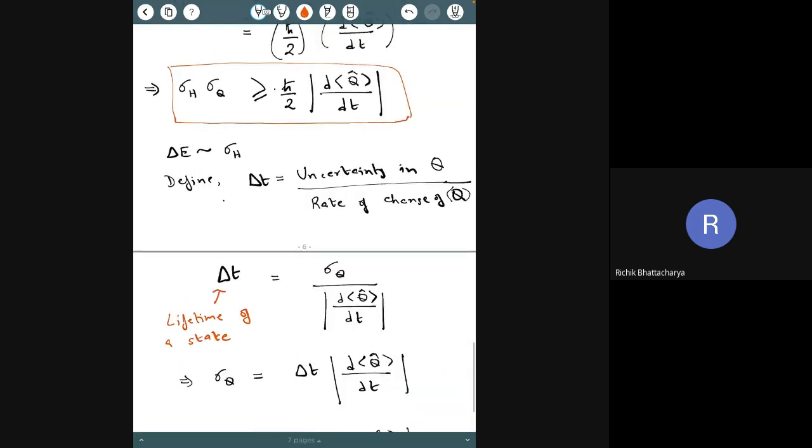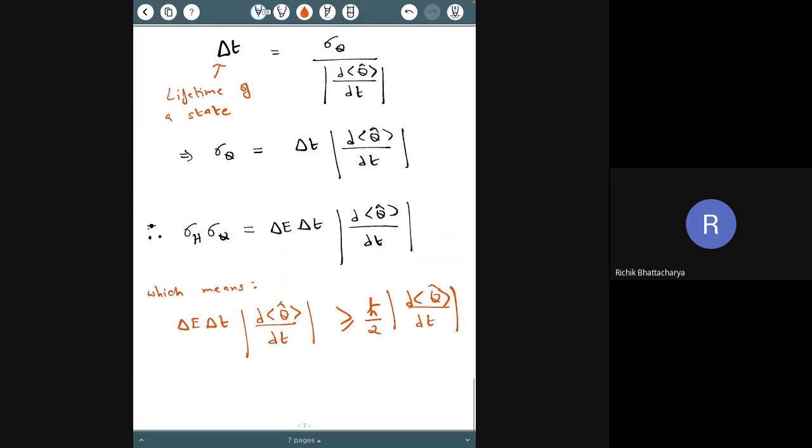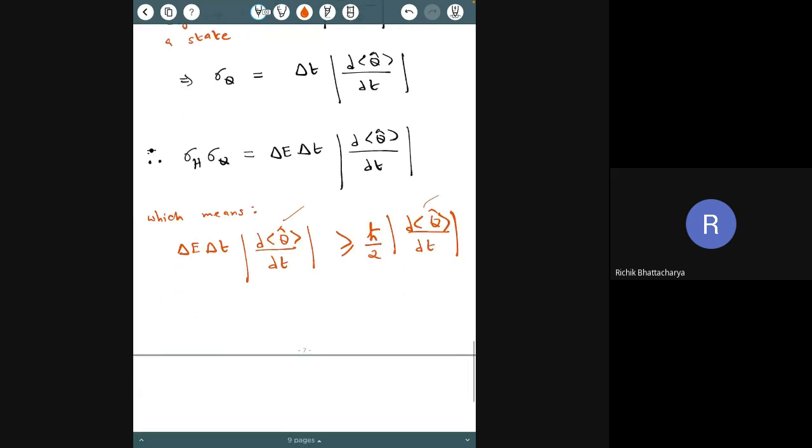So this was my inequality, remember? H cross by 2 multiplied by dq dt. And then I can cancel these two. And I end up with delta E, delta T greater than or equal to h cross by 2, which is my final inequality.